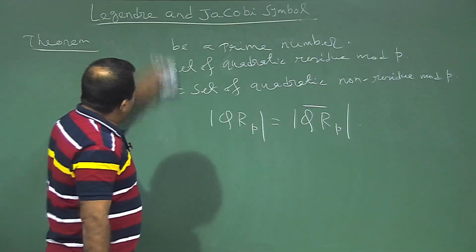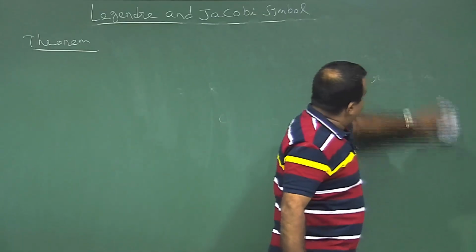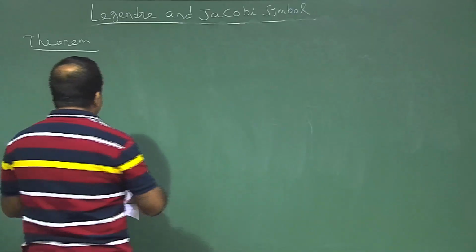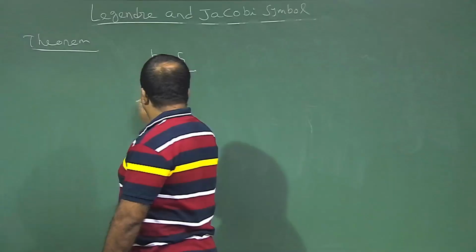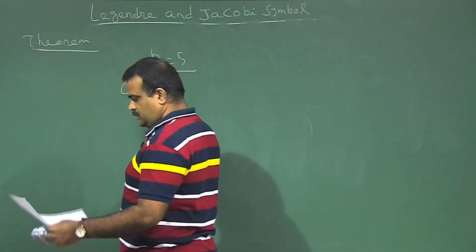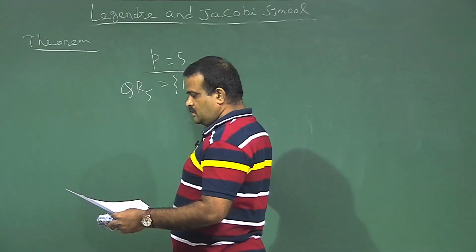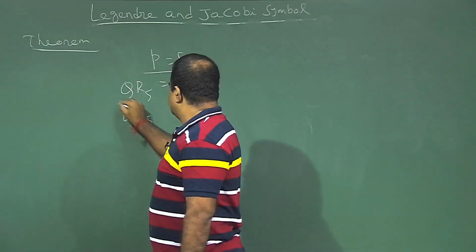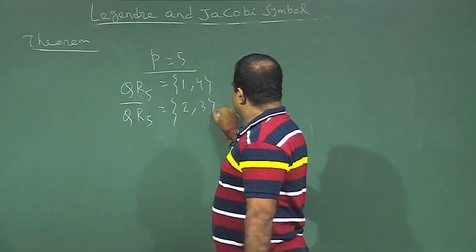Suppose P is equal to 5. Who are the quadratic residues? We can easily verify that. For P equal to 5, the quadratic residues are 1 and 4, and the quadratic non residues are 2 and 3.